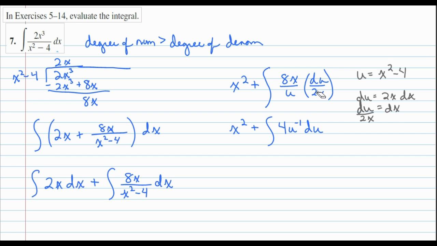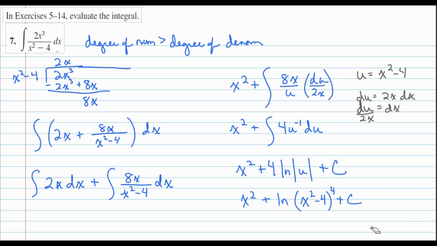If I simplify inside that antiderivative, I have the antiderivative of 4u to the negative 1 du, which means that the antiderivative is 4 times the natural log of the absolute value of u plus C. So here, I could use 4 as an exponent of what's inside my log, which means I don't need the absolute value anymore because the absolute value is preventing any negatives from happening, but a fourth exponent would do the same thing. Plugging in x squared minus 4 for u, I get my final answer here.